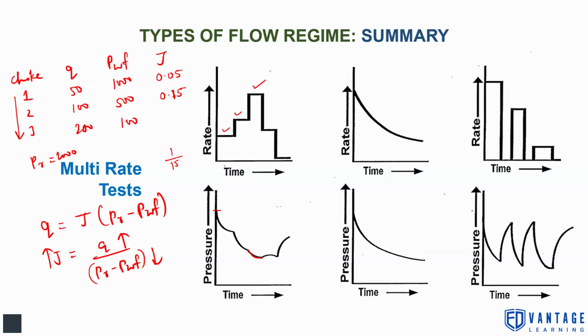Just the general value. It will be very less, 0.06. Okay. And the next one, 200 by 2000 minus 100, or 200 by 1900 for the third case, 2 by 19.